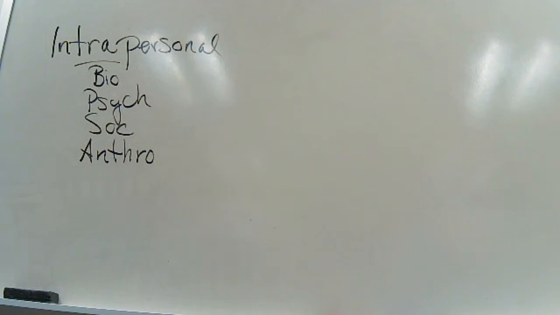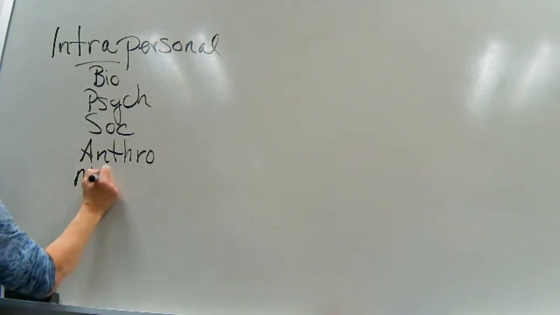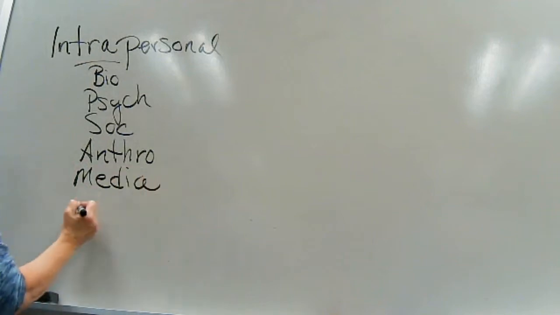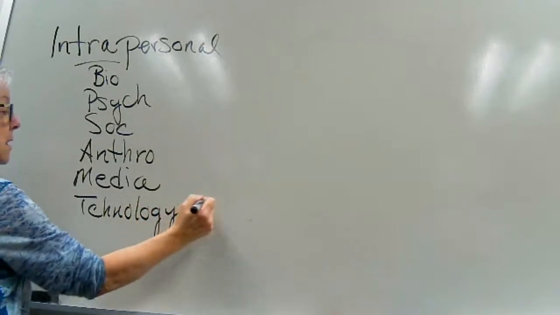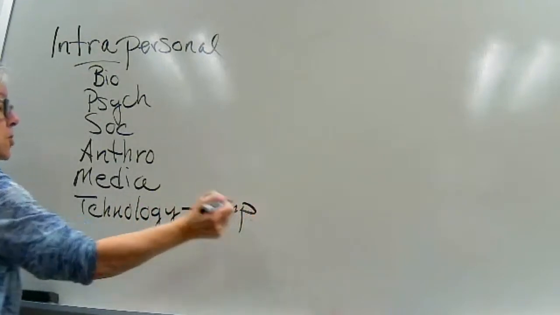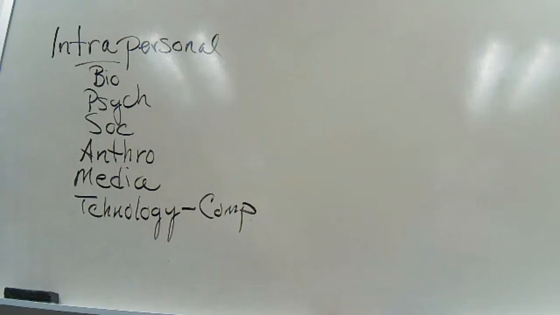We are also, more and more recently, getting into media studies and even technology, specifically computers. As we begin to explore the new realms of artificial intelligence, this is all going to play a role in it, as well as the next part I'll talk about. The list goes on and on.